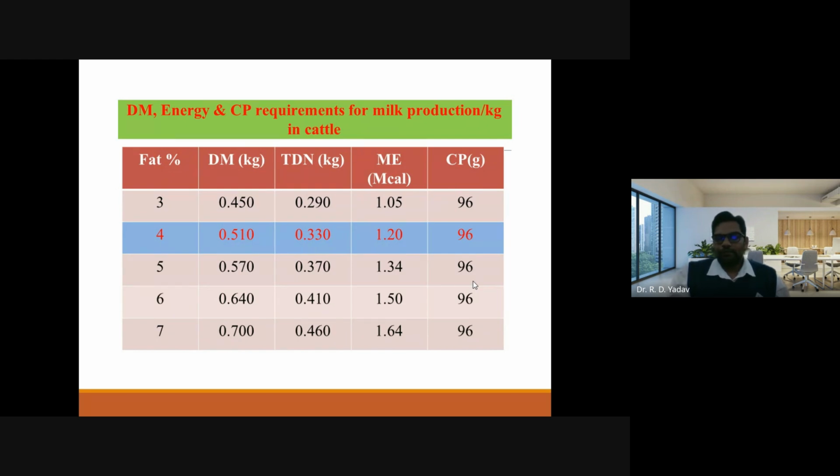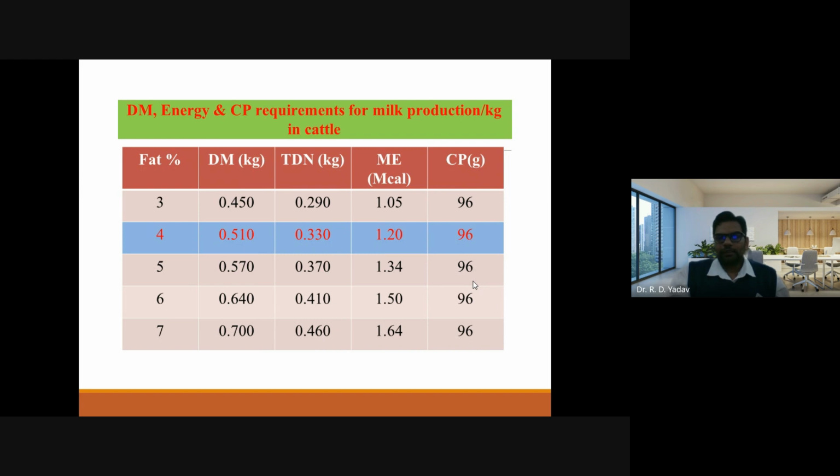ICAR has given the standard value of crude protein requirement. In case of cattle, for each kg of milk production, we have to provide 96 grams of protein irrespective of fat content. So here you can see 96 grams of protein for 3% fat, also 4% fat, 5% fat, 6% fat, and 7% fat also.